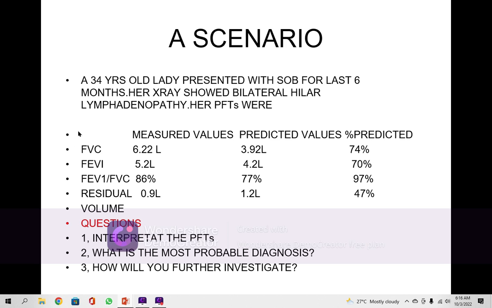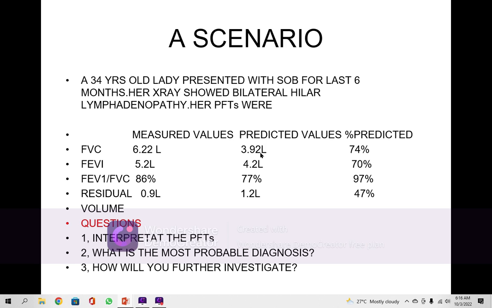So first of all, what are the parameters? The forced vital capacity was 6.22 liters. Predicted values are the values calculated on the basis of the mean in that society and in that geographical area, where most of the persons are affected. The calculated FVC is called the predicted value.